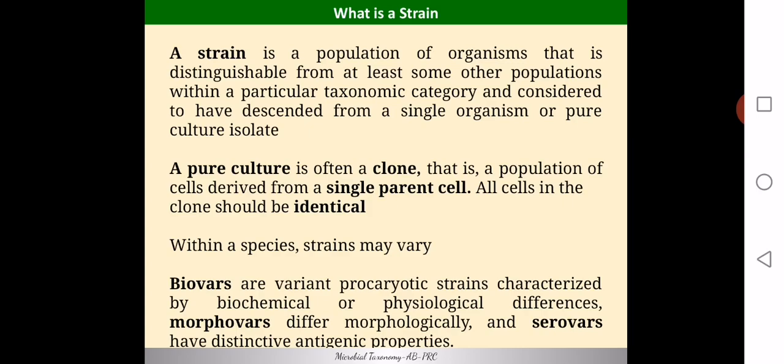Even within that clone, you can see certain differences between the organisms, and those organisms are called biovars, right? And these biovars are of different types, like morphovars and serovars, based on which feature shows differences. If they show a difference in morphology, it's called a morphovar. If they have a difference in antigenic properties, then they are called serovars.